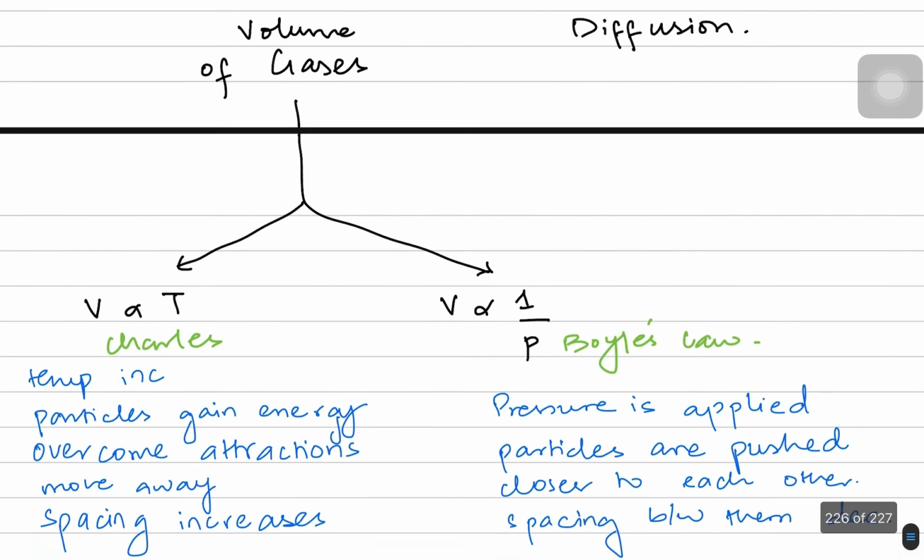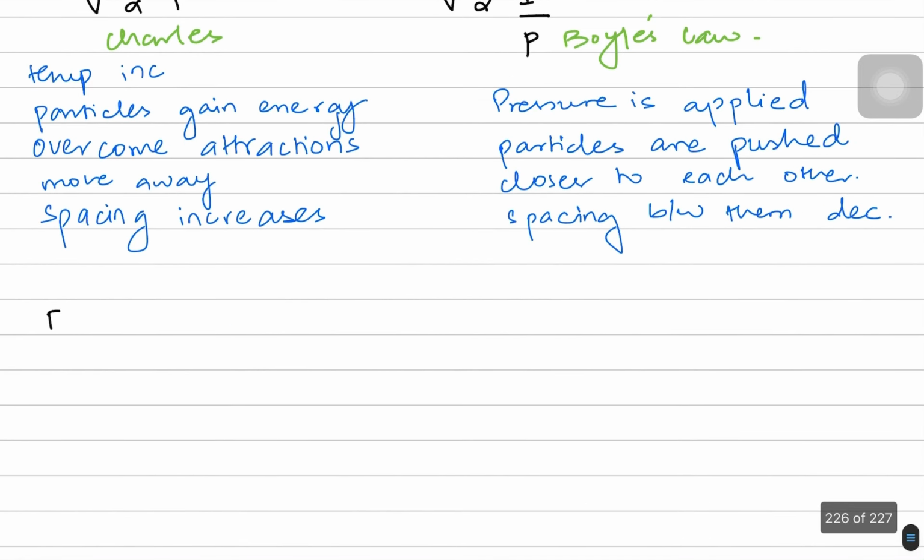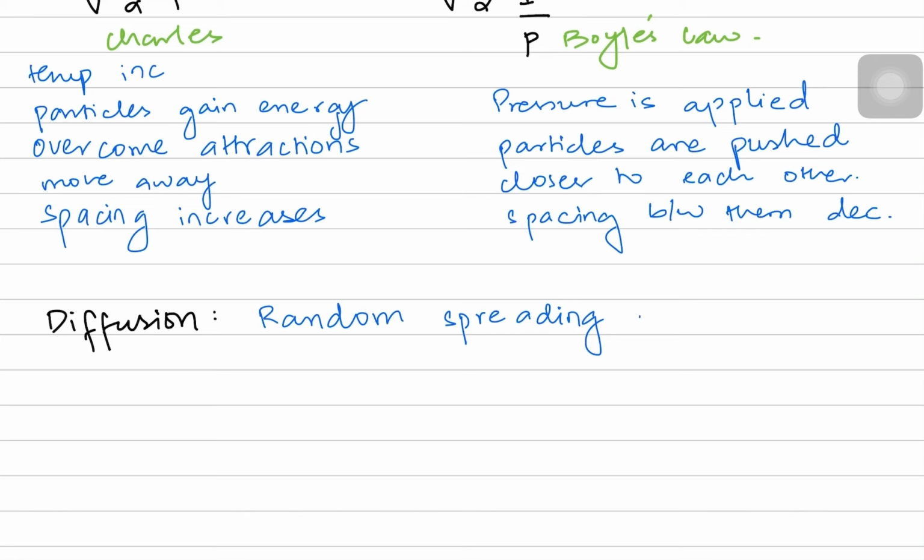In diffusion, we need the definition of diffusion. The definition is random spreading of particles. Do not talk about higher concentration to lower concentration, because diffusion is random arrangement of particles.